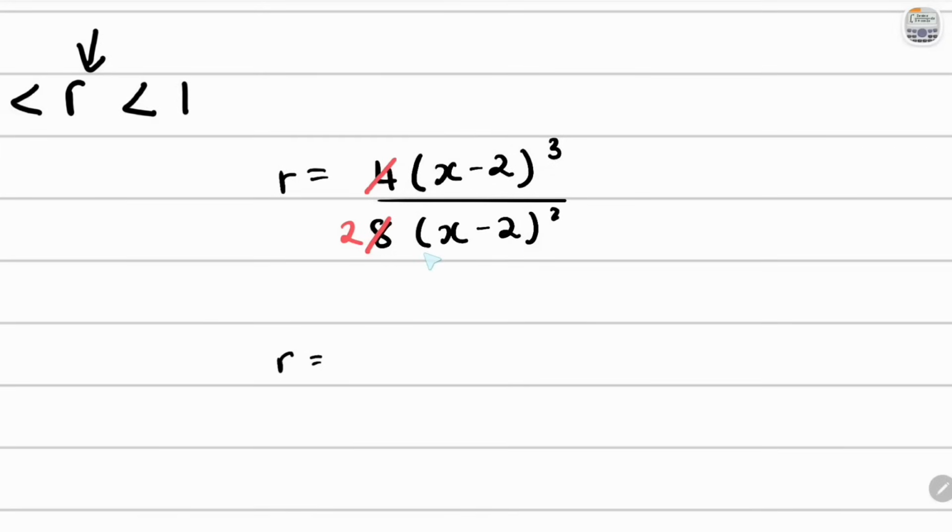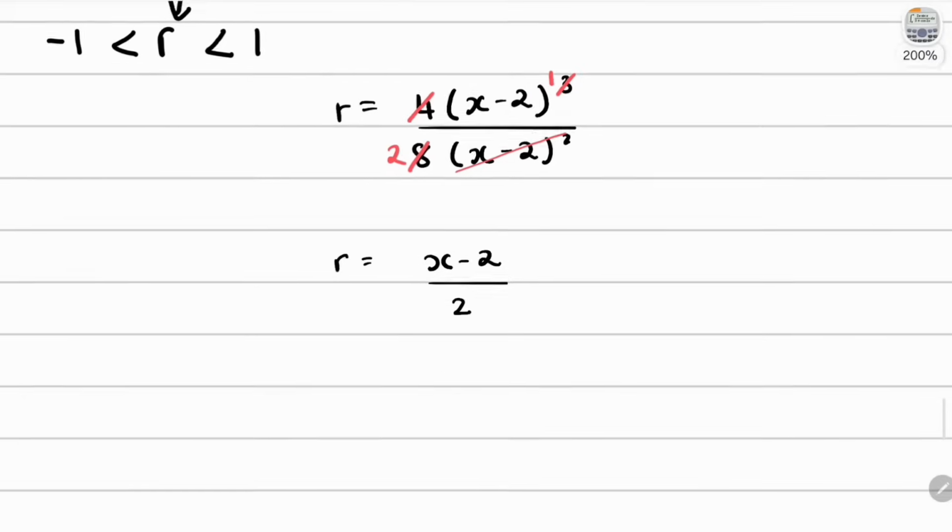So we are going to cancel (x - 2)^2. That divides by itself and becomes 1. And then it also divides here, but there's 3 of it here. So we know that only 1 would be left here. So our answer here is we still have that x - 2, raised to the power of 1, but we can just write it like that, all over the denominator of 2 that was left. And this is our ratio.